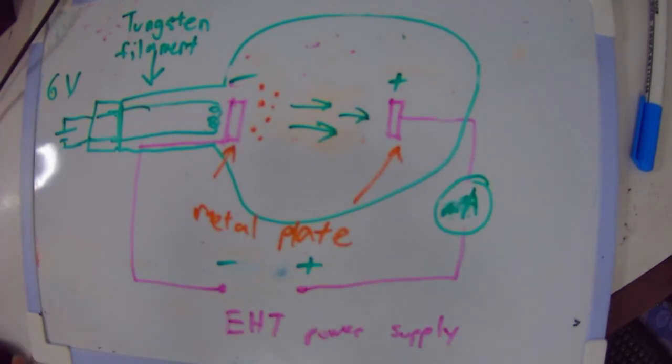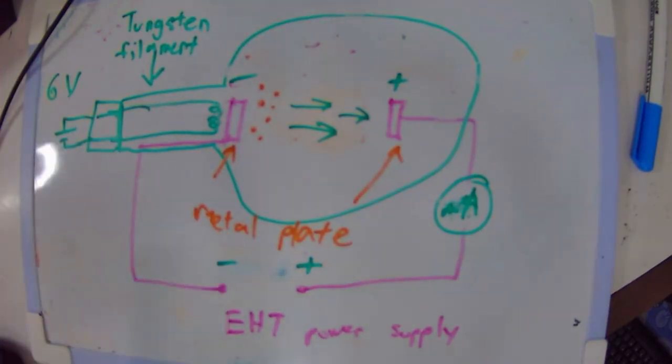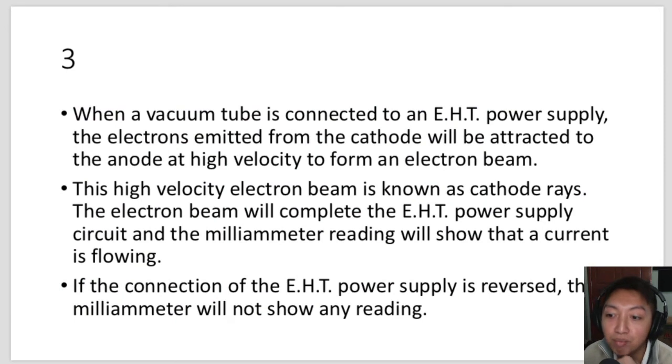So this is something that's very important. This means that this circuit only works in one direction. That's something very interesting, and in electronics, something that allows electricity to only move in one direction is very important. Why is that?